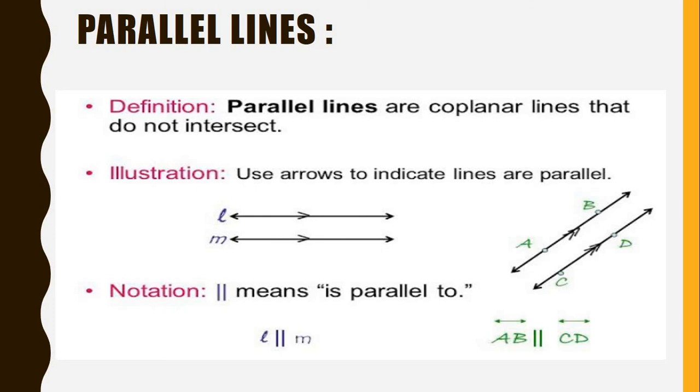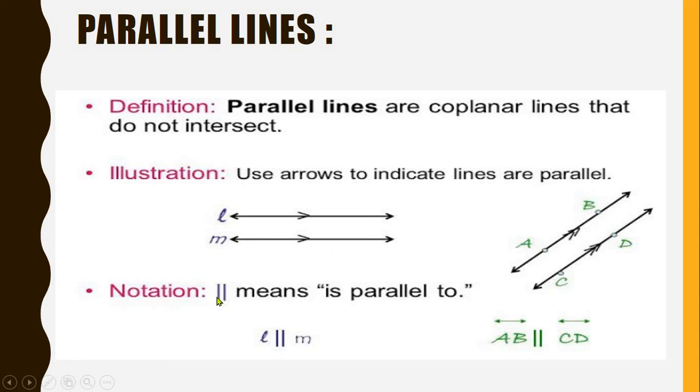Next is parallel lines. Definition: parallel lines are coplanar lines that do not intersect. Coplanar means both lines are drawn in the same plane. Illustration: use arrows to indicate lines are parallel. So if your lines look like this, that means both of the lines are parallel to each other.